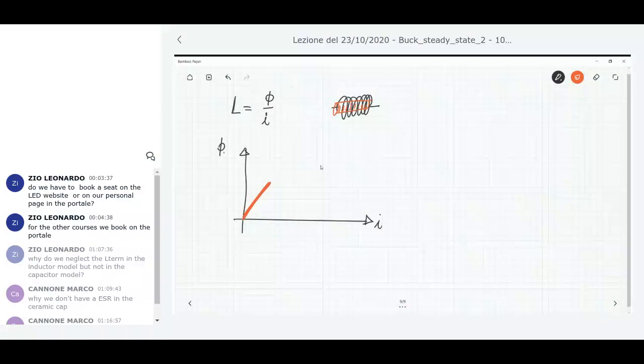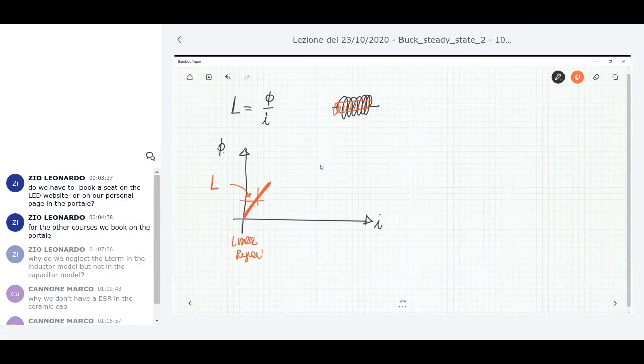This is called the linear region. In this linear region, the slope is constant. That means the inductance, which is the slope, is constant. Typically, this is the region in which we have to operate the inductor, with constant inductance.